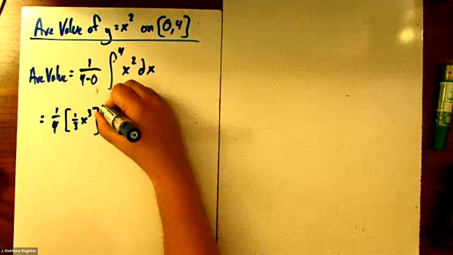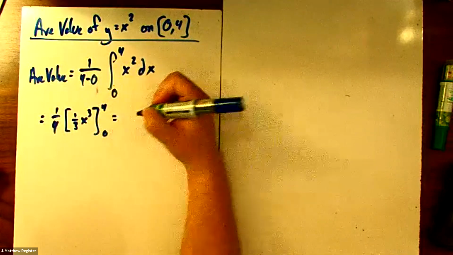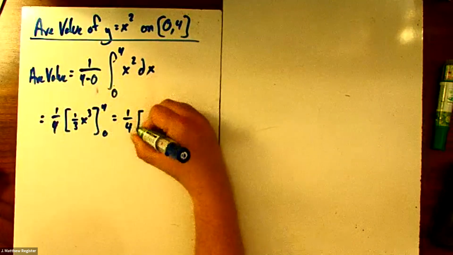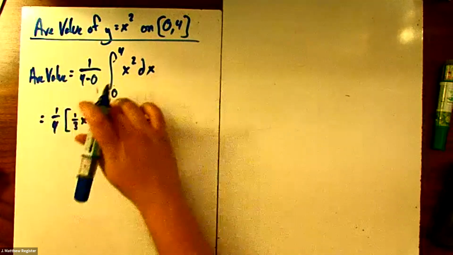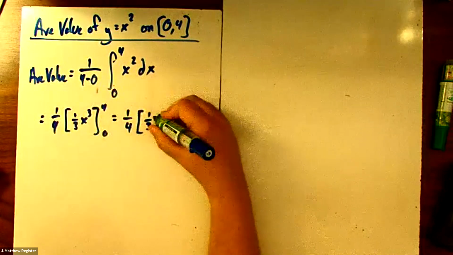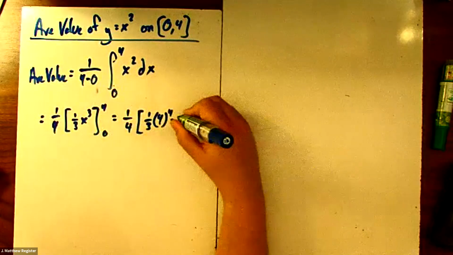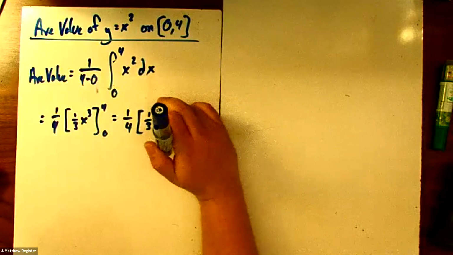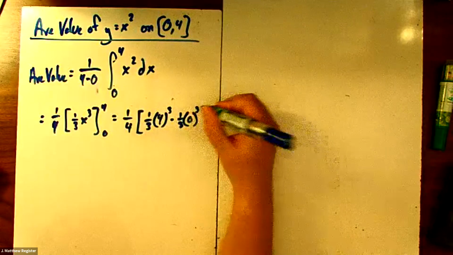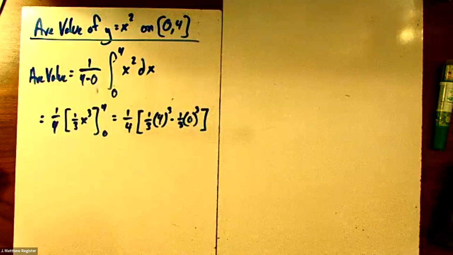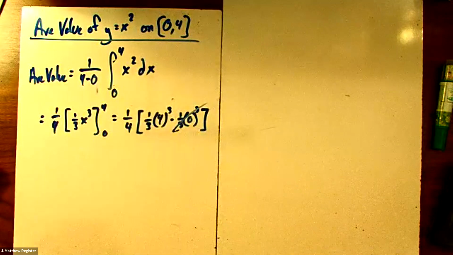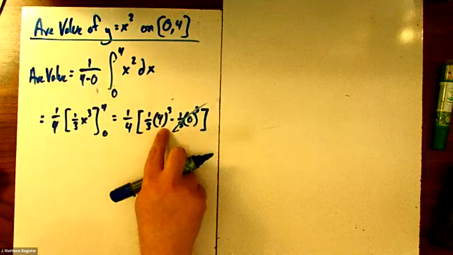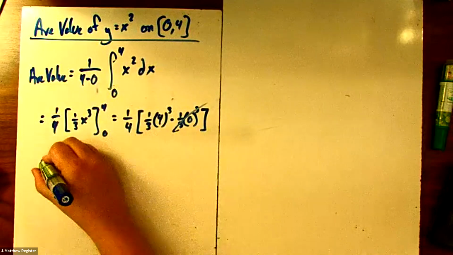And then we evaluate from 0 to 4, which gives 1/4 of 1/3 of 4 to the 3rd, minus 1/3 of 0 to the 3rd. My bad there. This term goes away. 4 cubed is 64. 1/4 of 64 is 16. And so we get 16/3.